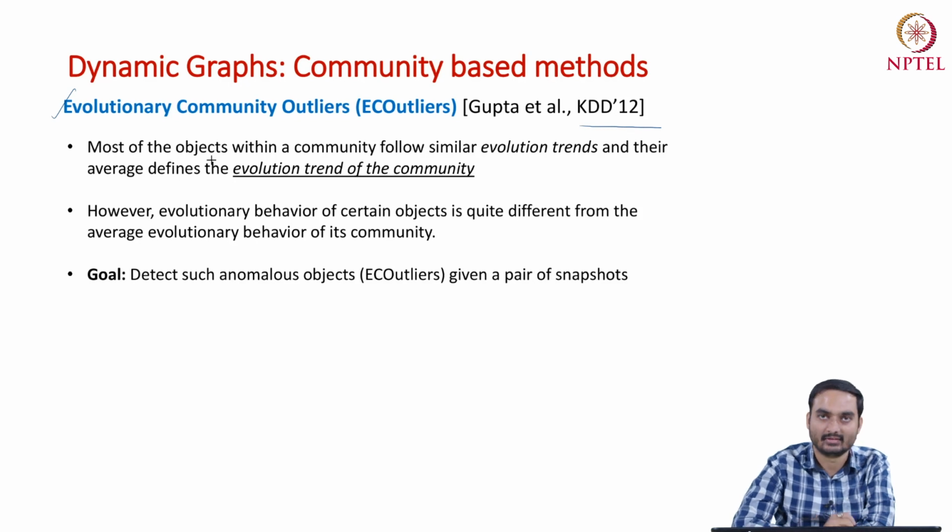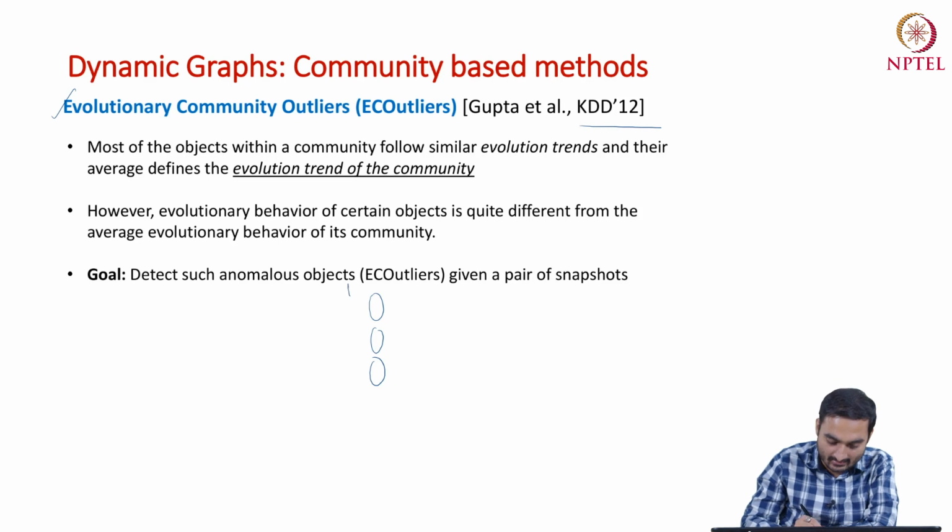Most of the objects within a community follow similar evolution trends, and their average defines the evolution trend of a community. Let's assume that we have three communities at timestamp t1, and you focus on, let's say, this community, and you see how nodes move from this to this to this.